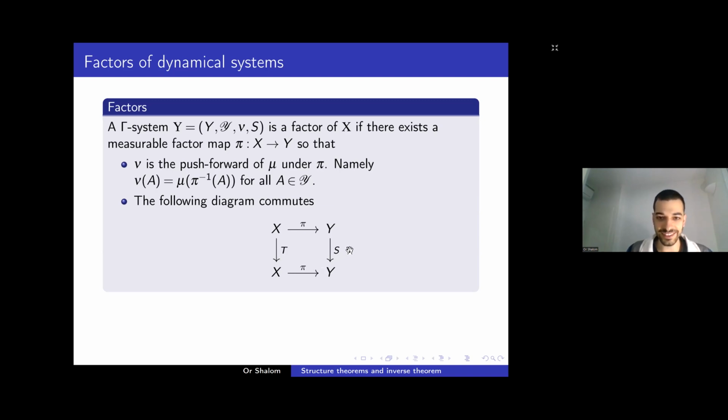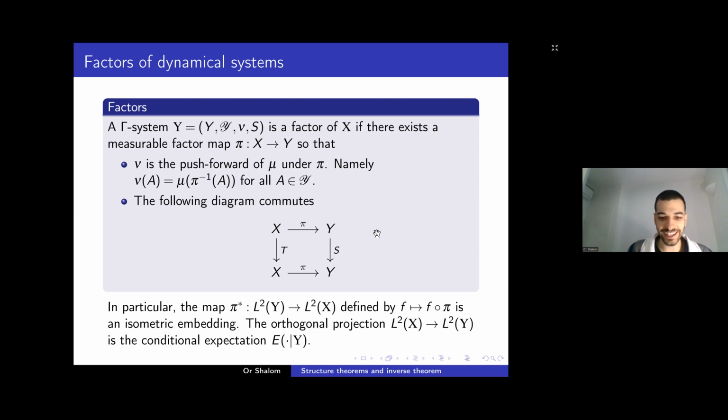Now, you don't have to understand this definition. What I really need is this property. When you have such a map and you have a function on Y, you can always lift it to a function on X. So we have an embedding of L2(Y) in L2(X), and this is an isometric embedding.